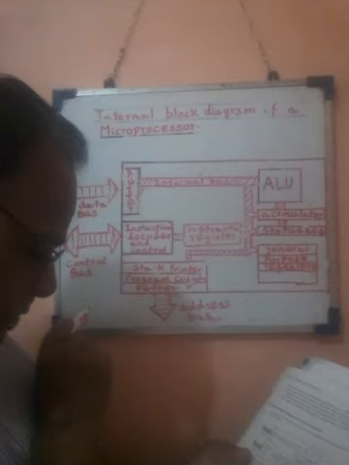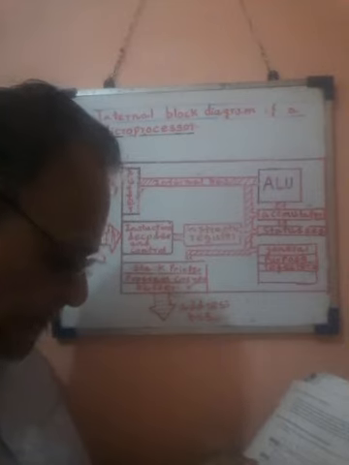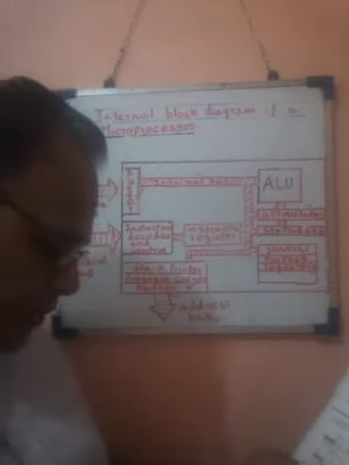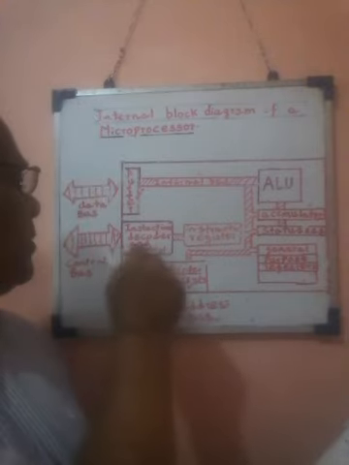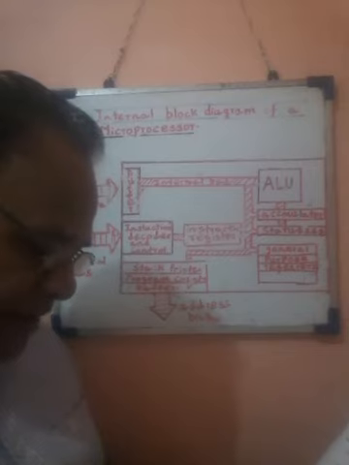Instruction register stores the instruction when fetched from memory. Instruction decoder and control decodes the current instruction and sets or responds to the control input output. These are the functions of the microprocessor in brief.